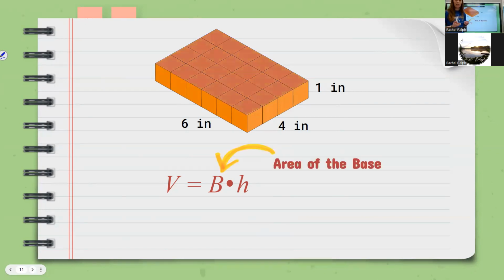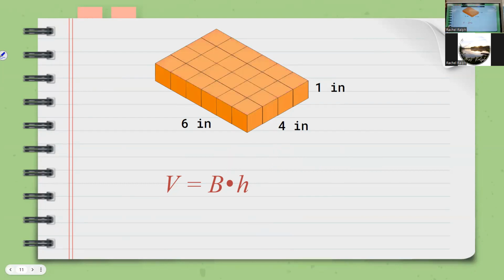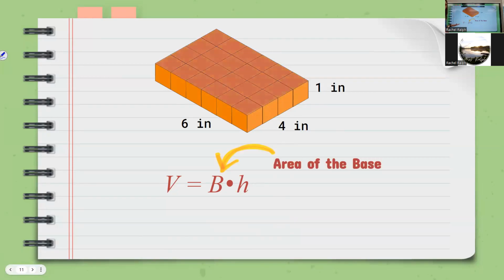B is the area of the base. You'll see it just turned red there. Area is flat, area is space, area is not three-dimensional, but we can use our area to help us. How do we find the area of a rectangle?